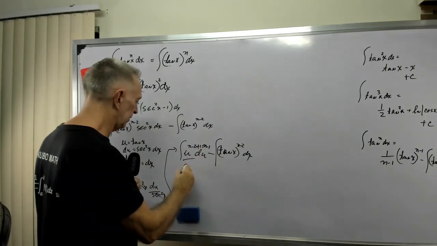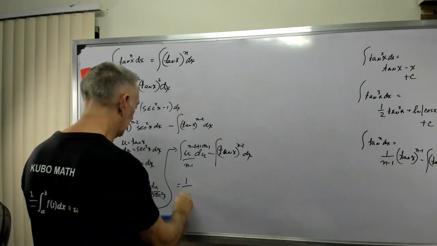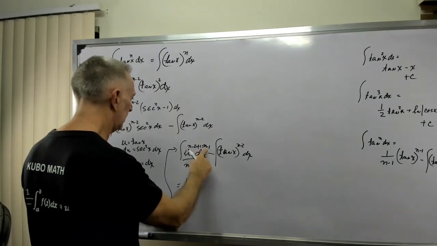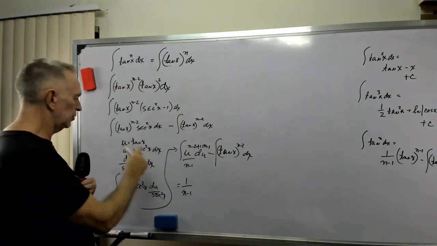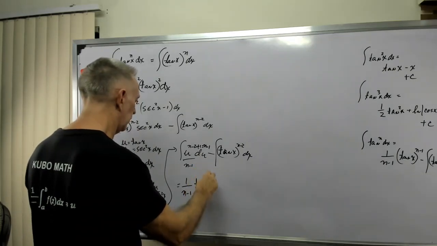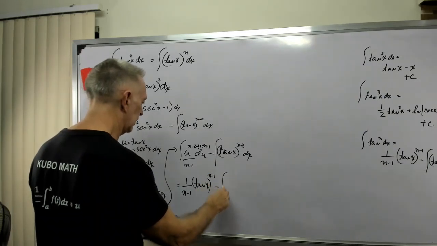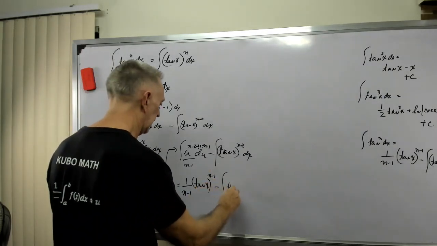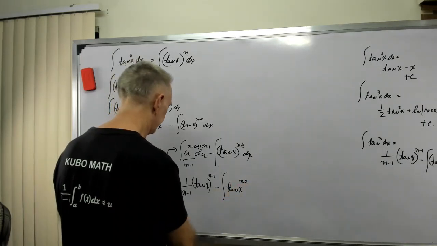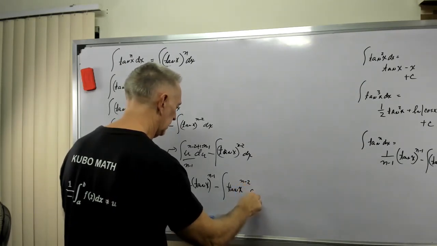And when we divide by that n minus 1, that leaves us with 1 over n minus 1 times u to the n minus 1. Well, what was u? U was tangent x. So this is tangent x raised to the n minus 1, over n minus 1, minus the integral of tangent x to the n minus 2 dx.